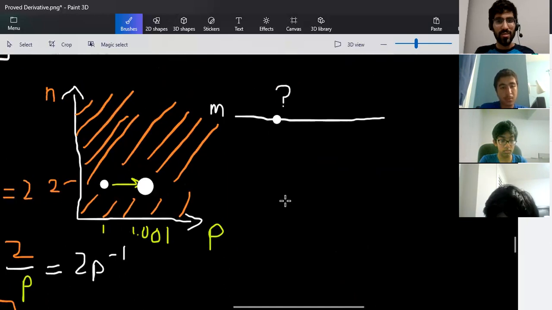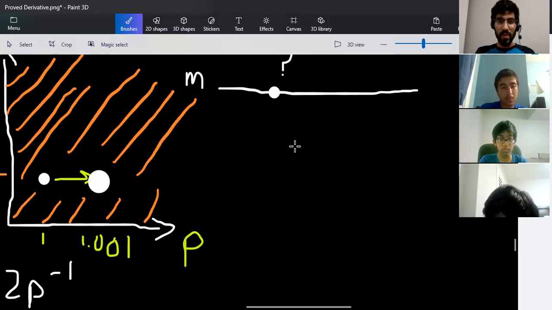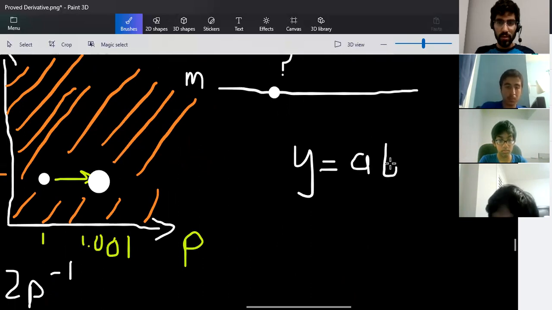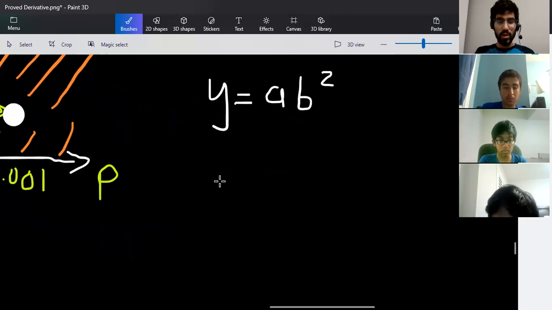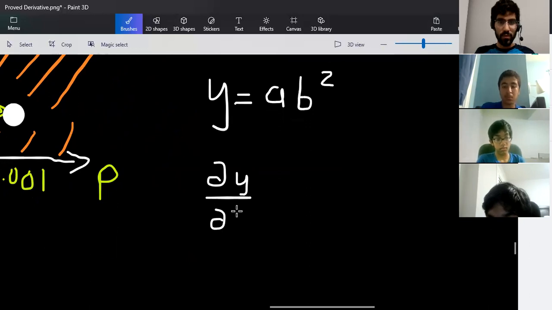I'll do one last example for tonight. Let's say y is equal to ab squared. We want to say, what is partial y by partial a? If we make a tiny change in a, how much does y change?